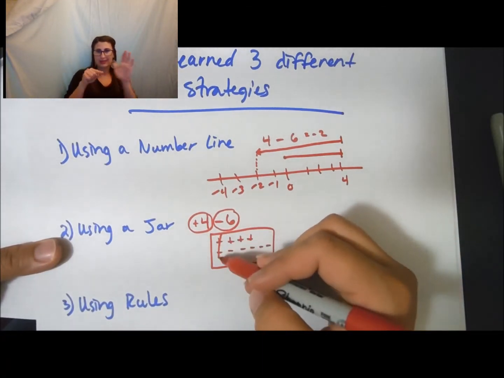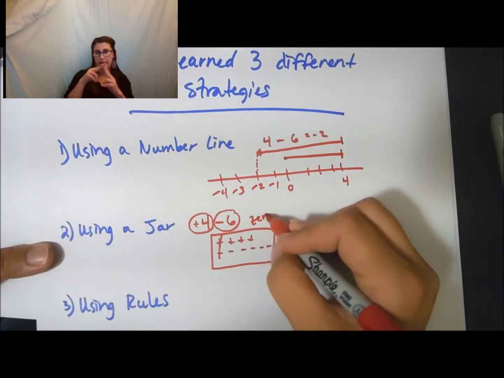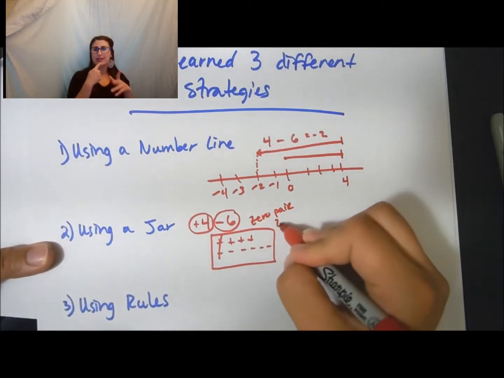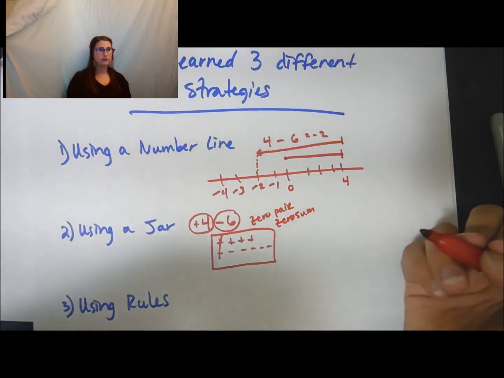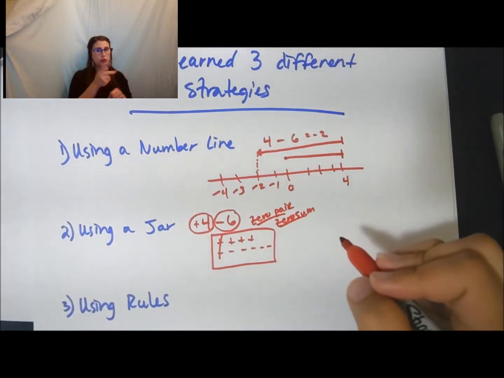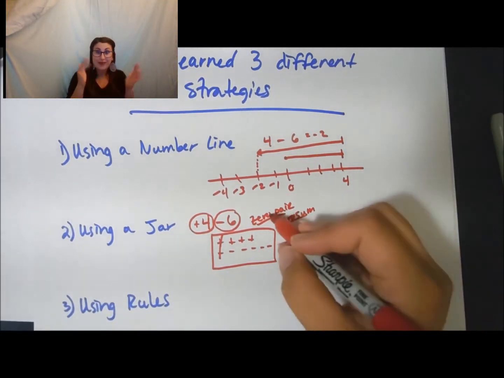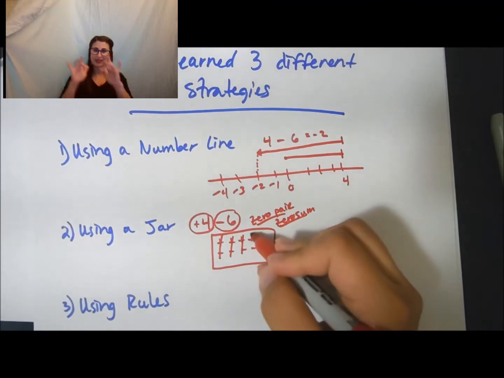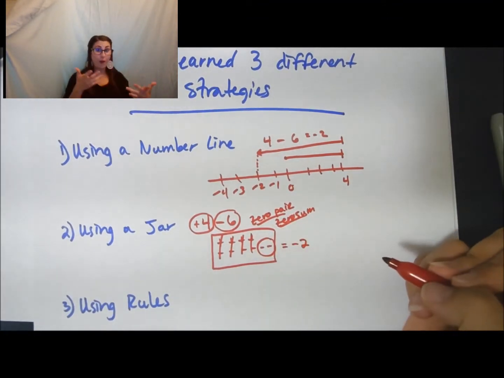A positive 1 and a negative 1 cancel out to make 0, so it's called a zero pair, or some people say zero-sum. That's the correct terminology for it. We did not use those terms when we were learning it this year, but that's okay. You're learning it now. So cancel, cancel, cancel. We're left with 2 negatives, so our answer is -2.